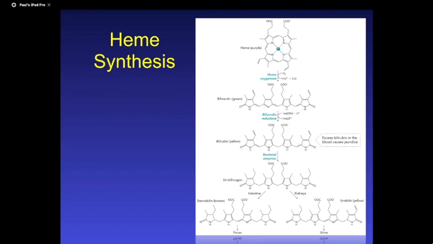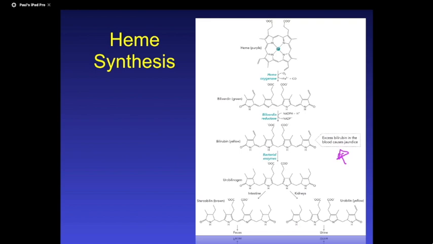Now, one thing that is always done when you do blood work is you look at what's called the bilirubin concentration. And bilirubin is this structure right here, okay? And if it is high in concentration, your skin becomes yellow and you're jaundiced.